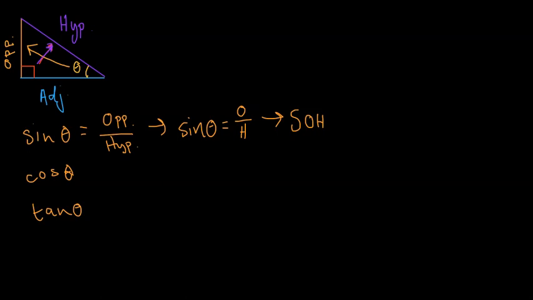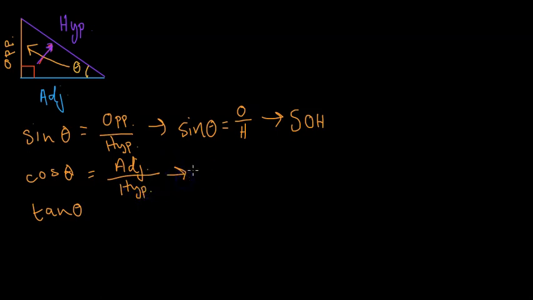I'm sure you can see from here that sine theta is equal to opposite divided by hypotenuse. Okay? So that's the first identity that we need to be aware of. Next is cosine. Cosine is going to be the adjacent side length divided by the hypotenuse.